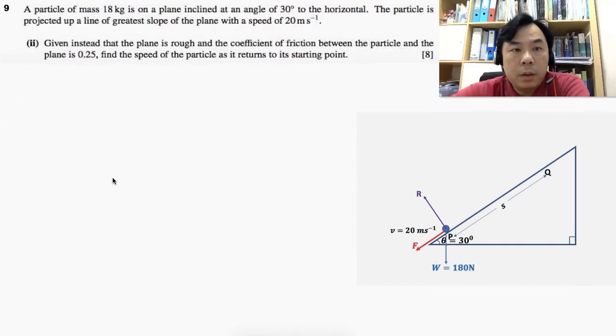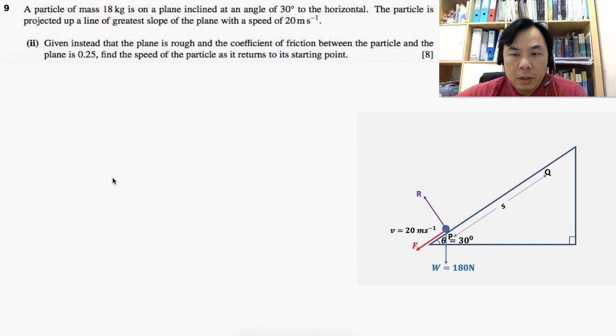All right. The second part of this question 9 here. Now, this time they change the scenario. Given instead that the plane is rough and the coefficient of friction between the particle and the plane is 0.25, we need to find the speed of the particle as it returns to its starting point. What they mean is that initially at the beginning, while the particle is being launched, the surface is already rough.